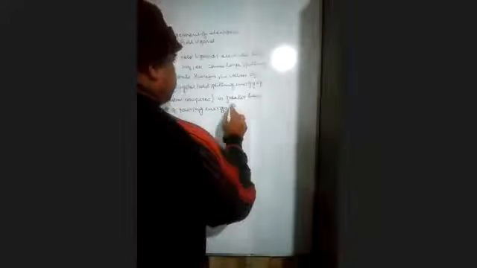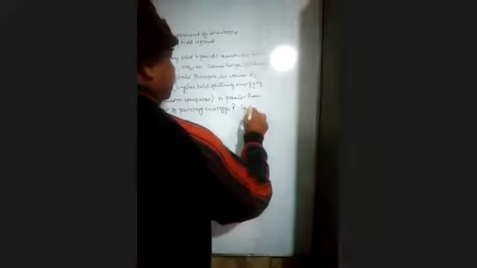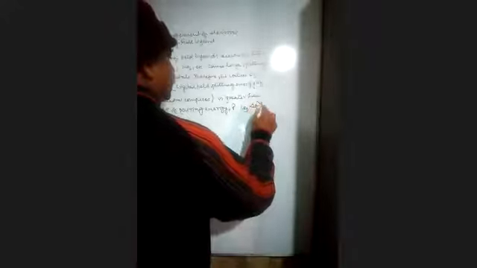Pairing energy means where they undergo pairing. Whenever the pairing occurs, energy is released. Pairing energy P. That is, delta O greater than P.